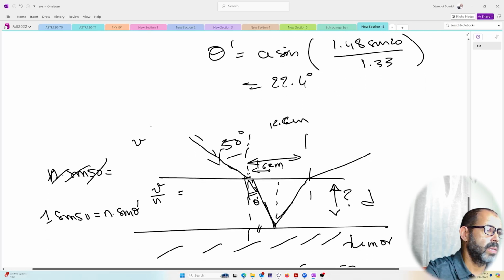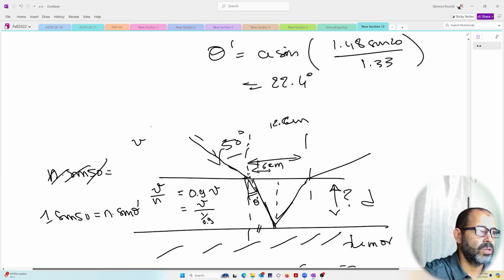The speed in here is 10% less, which means it's 0.9 v. So that's what v over n is, which means v over 1 over 0.9. That's how you write 0.9 times v, which means it is v over 10 over 9. So the index of refraction n is 10 over 9.